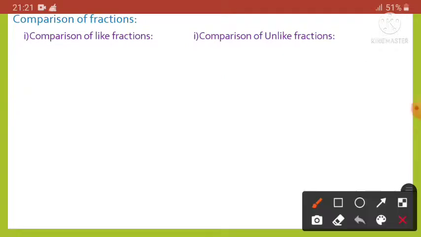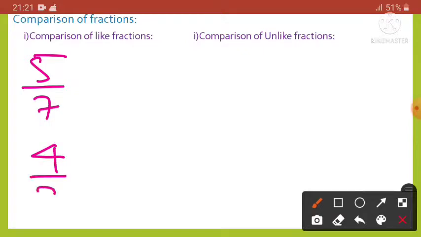So the first fraction is 5 by 7, next fraction is 4 by 9. Now as we are having LCM, that is 63, we have to make denominators of both fractions as 63.